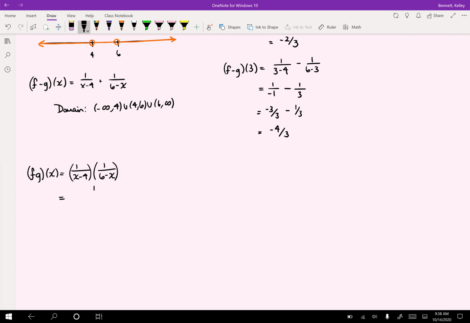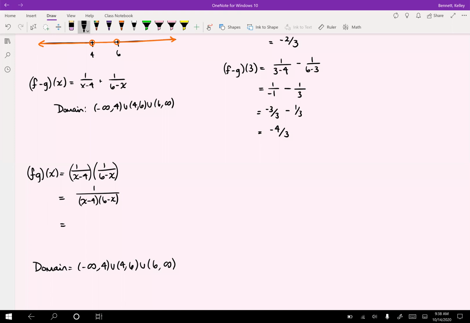So I'm going to have 1 over x minus 4, 6 minus x, right? So the domain is still the same. I could simplify the denominator a bit.